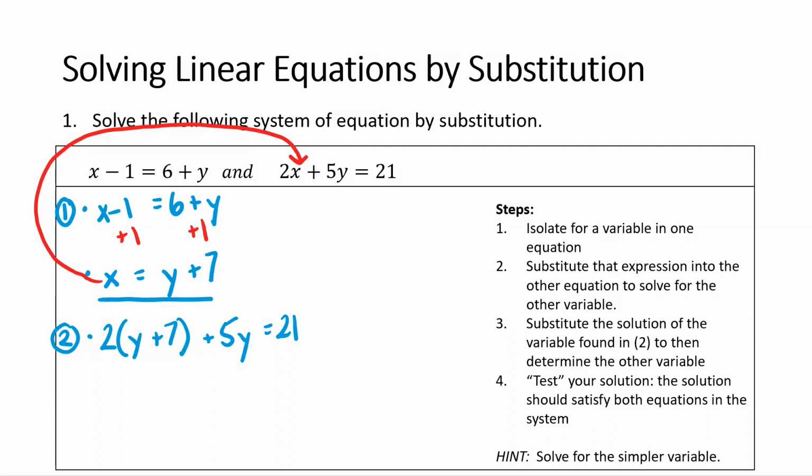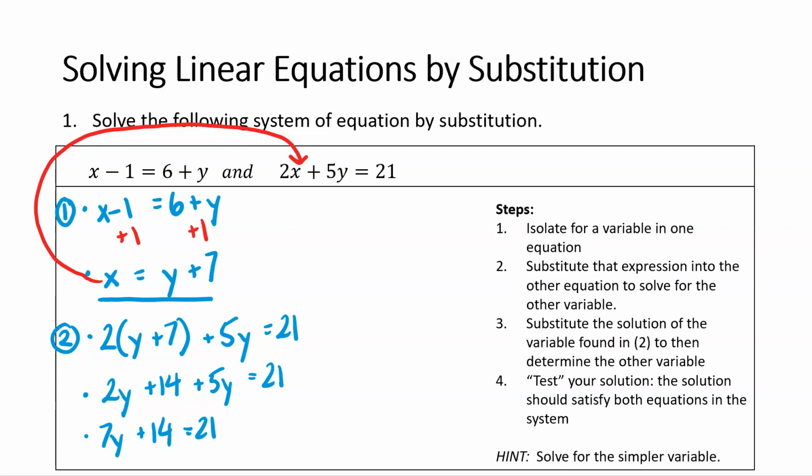From this point, you can solve for y. We have to multiply through these brackets. So 2 times y is 2y, 2 times 7 is a positive 14, plus 5y equals 21. Add like terms: 2y plus 5y is 7y. 7y plus 14 equals 21.